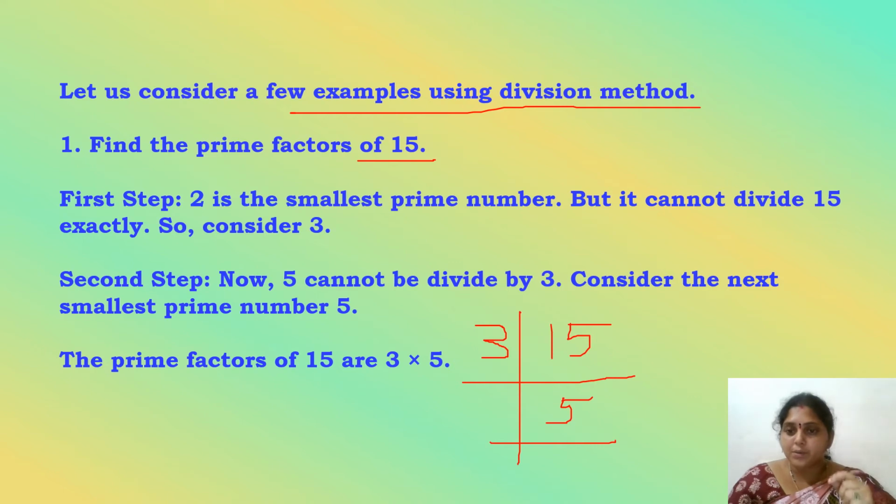But as I told you in the steps, you can go until 1. So take 5 again. 5 ones are 5. Now multiply these two numbers. You have to get the same number that we have taken as our number for factorization. So 3 into 5 is 15. This is what we are going to do in all the sums when we have to find the prime factors.